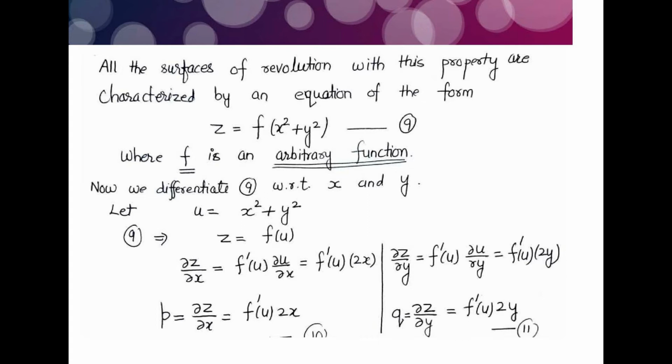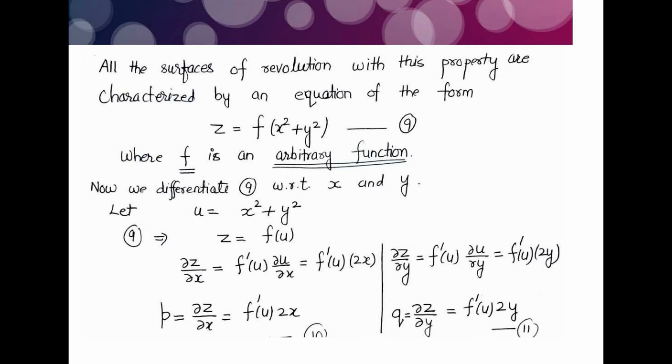Alright, so in this one we have just one arbitrary function. We try to eliminate this arbitrary function f and find the partial differential equation for the surface given by 9. Now differentiate 9 with respect to x and y. For this one we will use the chain rule, or you can just simply differentiate it.